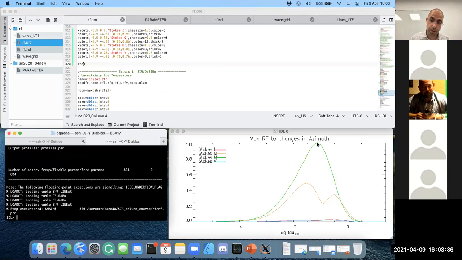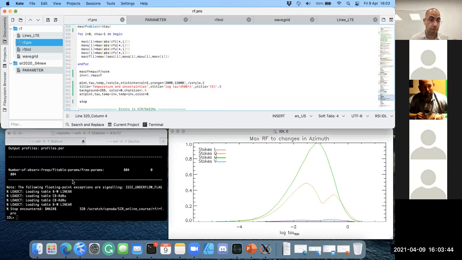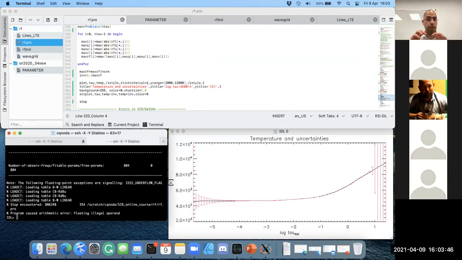And if I divide something by this value, the error will be much smaller. So what I'm showing you in this plot is that for temperature and for this specific atmosphere, the uncertainties that the code will give you will look more or less like this. In lower layers, the response functions are basically 0, so your uncertainty is too large. Then the response function is high in all this region, so your uncertainty is small. And then it drops, and as it drops, your uncertainty starts to increase. And then here the uncertainty is very large.